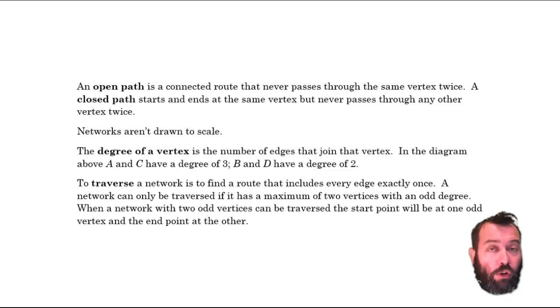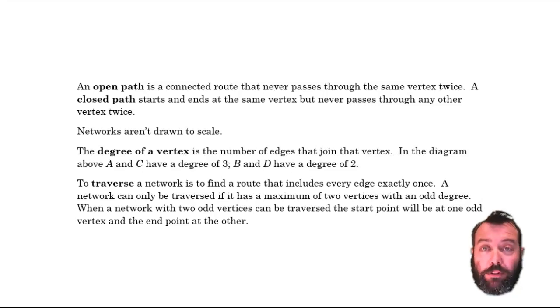If there are only 2, then you can do it, and you have to start at one and finish at the other. I'll demonstrate that in a moment. And if all of the vertices have an even degree, you can traverse that as well.